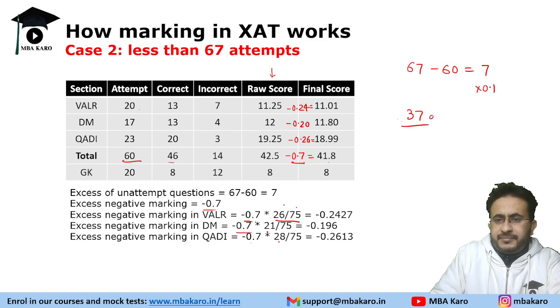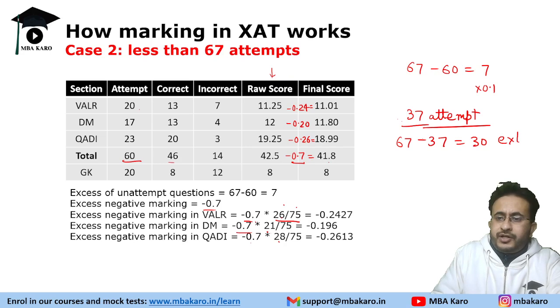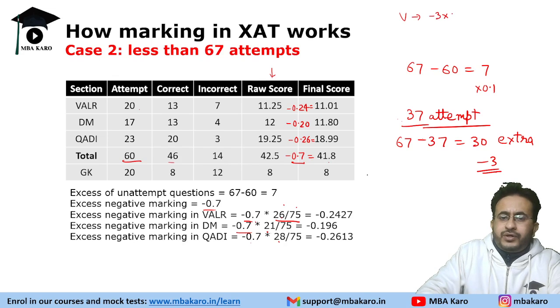You attempted 37. So with 37 attempts, there will be minus 3, because the ideal attempt is 67 minus 37, 30 extra. In these 30 extra questions, you will lose minus 3. This minus 3 in VALR will be minus 3 into 26 by 75, which will be minus 1.04.